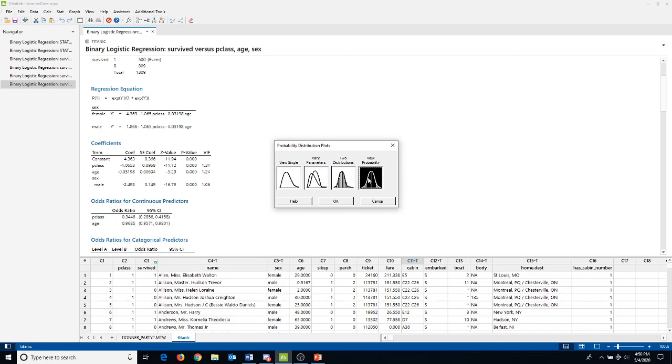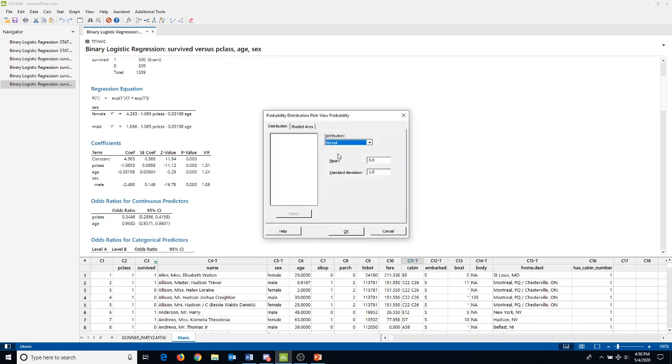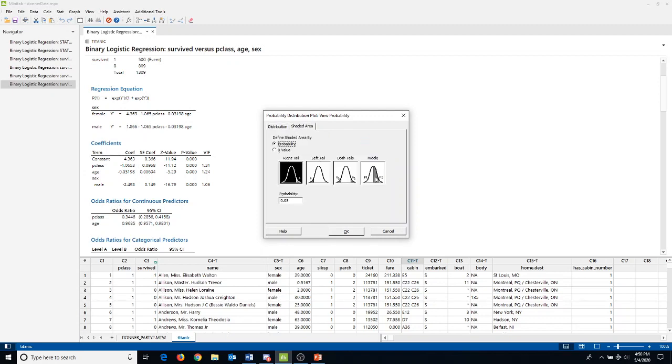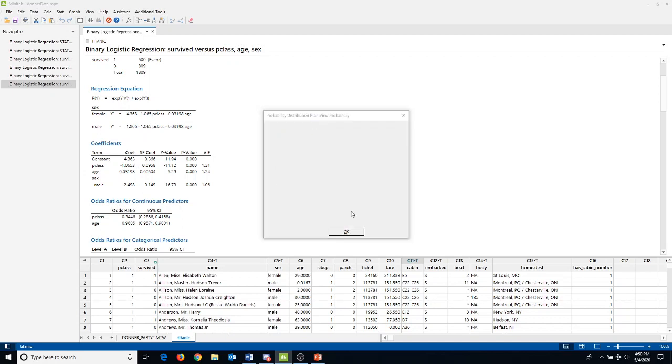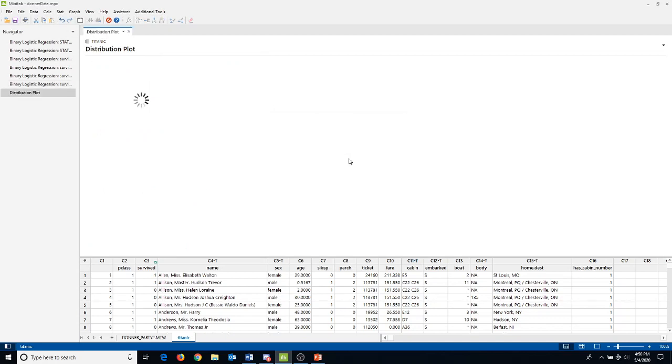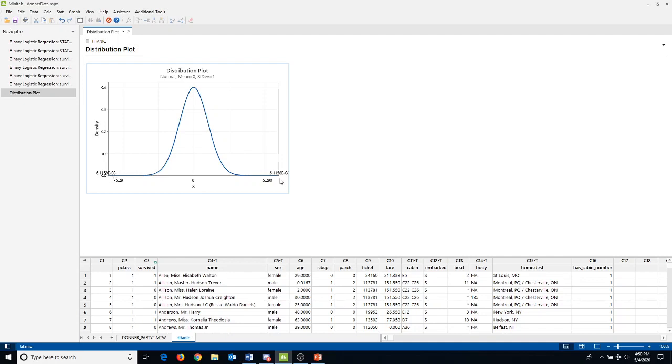So we're going to view the probability and do a normal shaded area. Let's do our x value of negative 5.29, and I think we did both tails, and we get something really small, 0.006. You probably can't even see that with 8 zeros.